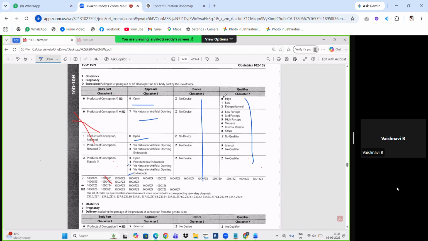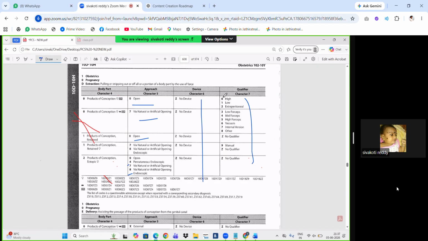Okay, sir. What is the difference between products of conception and products of conception retained? Retained, what is the meaning of retained? Generally, tell me what retained means. Not gaining. Retained means it stays in the place, it was not removed completely. So parts were left in the body.